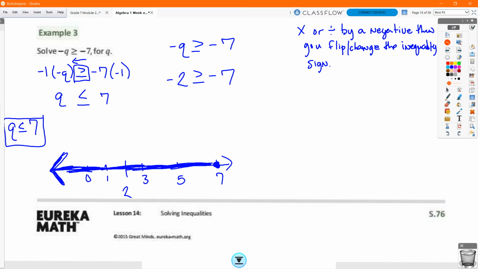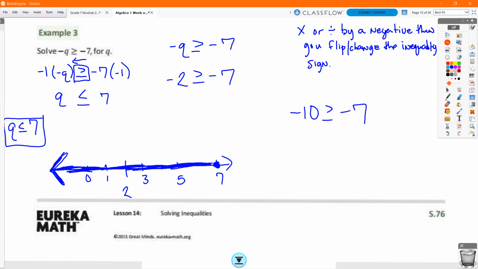Choose a value that is greater than a negative 7. Well, let's choose a value that's greater than 7 itself. Let's choose 10. Negative 10 is now greater than or equal to a negative 7.